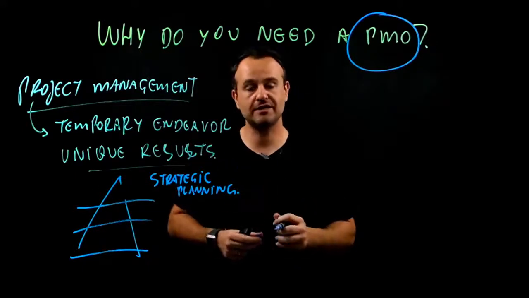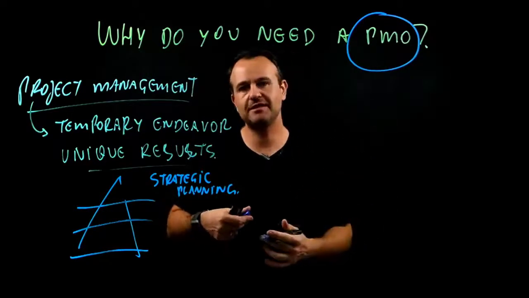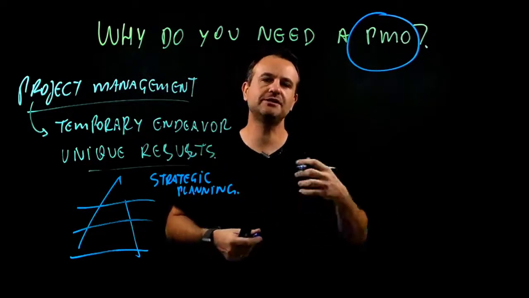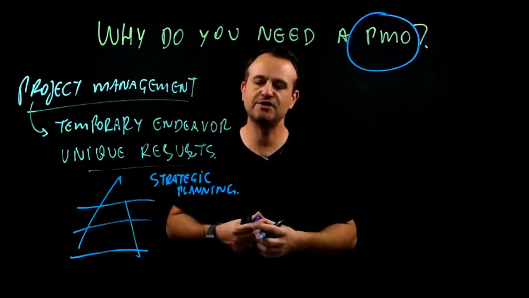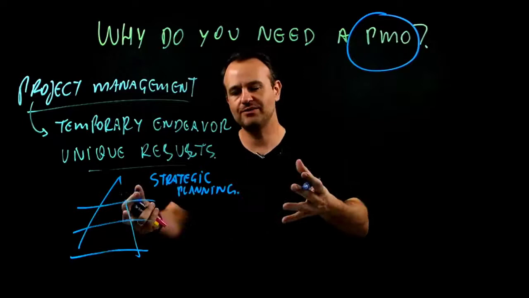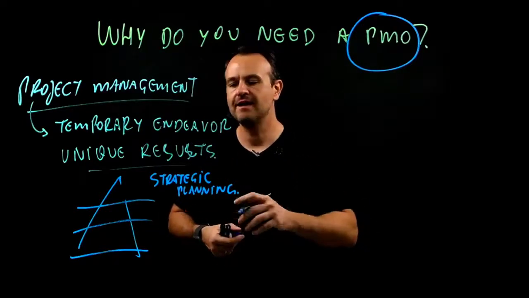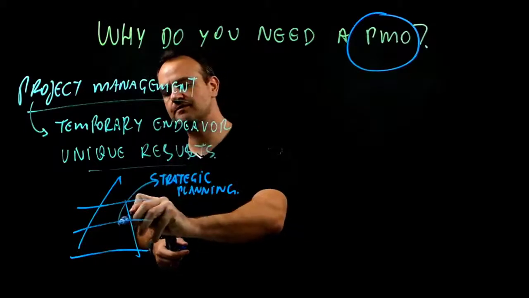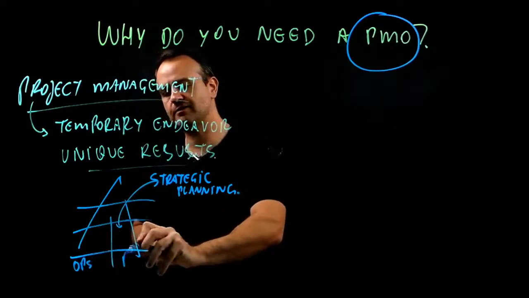When we think about strategic planning, you probably want to grow revenue, increase profitability, and have innovation, new products, customer success, whatever other objectives you have. Maybe you're using a balanced scorecard or some other kind of strategic planning. And to have the results at the operational level, we have operations and we have projects.